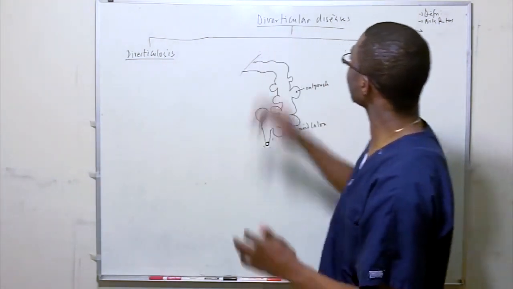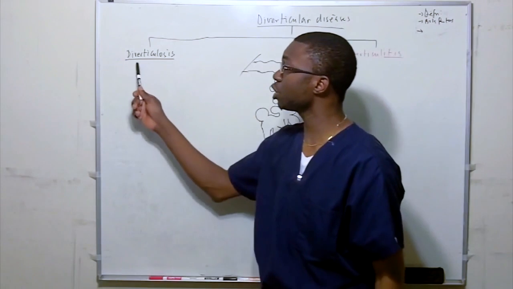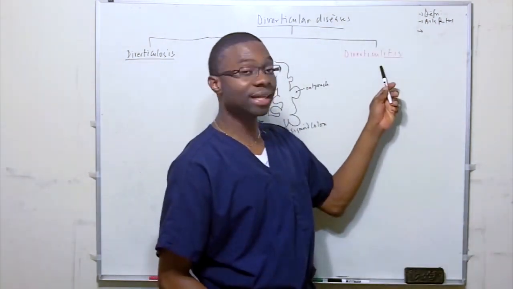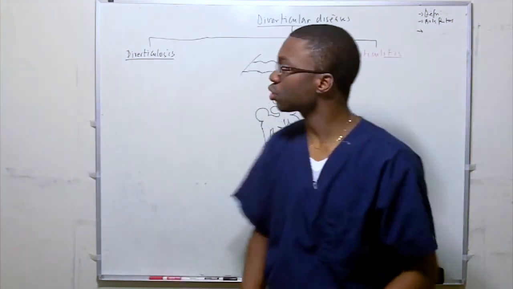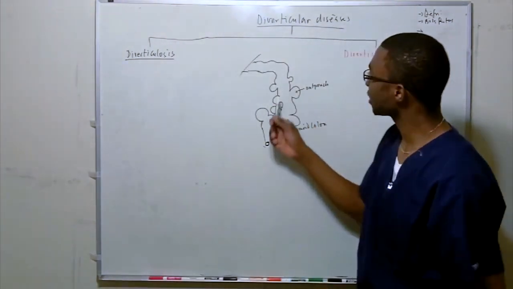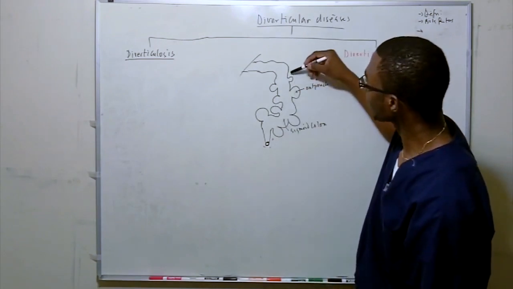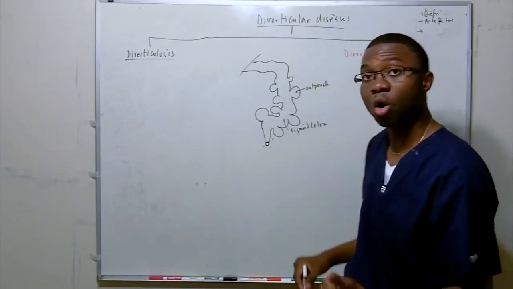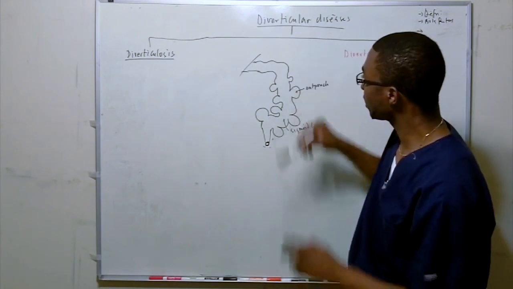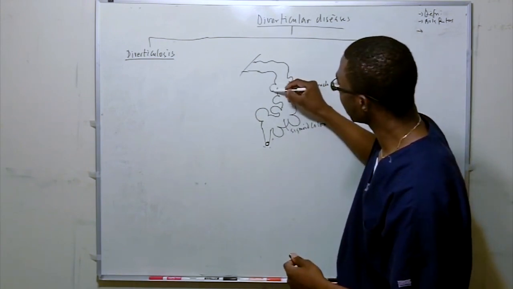So diverticular disease can be split into two. Diverticulosis on my right, diverticulitis on my left. So what is diverticular disease? Diverticular disease is outpouching of the mucosa and the submucosal wall of the colon. See these little pockets?